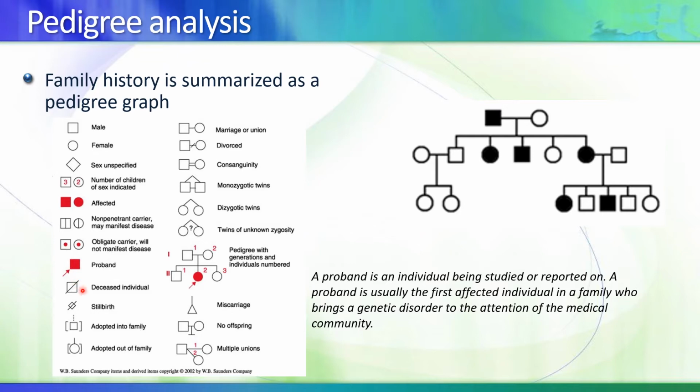So it's the person with the genetic disorder that goes to the medical community. If it is filled, the person is affected. If it is not filled, then this person is not affected.